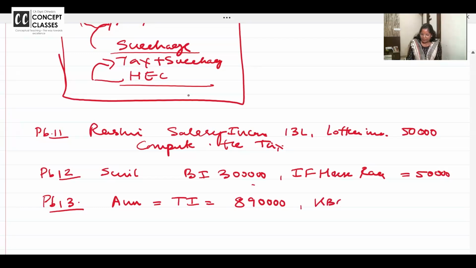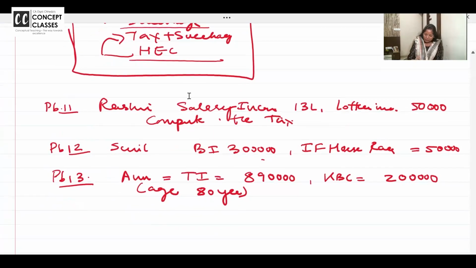And KBC price is 2 lakhs. And age is also 80 years. 80 years means what? He is exactly 80 years. So for CPR, basic exemption कितना मिलेगा? 5 lakh. Nowhere they said he is a non-resident.